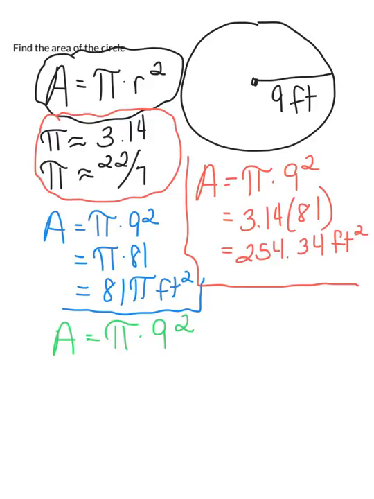I know 9 squared is 81, so now I'm going to hit the pi button on my calculator and multiply it by 81. Now when I do that, I'm going to get a nice long decimal: 254.46900, and it keeps going.